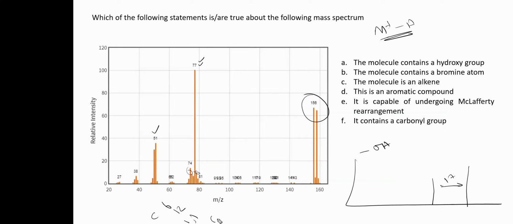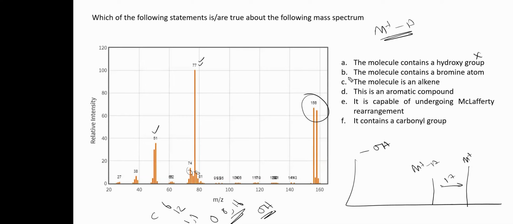Oxygen is atomic number 8 and atomic mass 16. That's the major isotope, so most of oxygen in nature is atomic mass 16. So oxygen and hydrogen is going to be 17. So if you see an M minus 17, that means you have a hydroxy group, which you do not have here. Therefore, this is not correct.